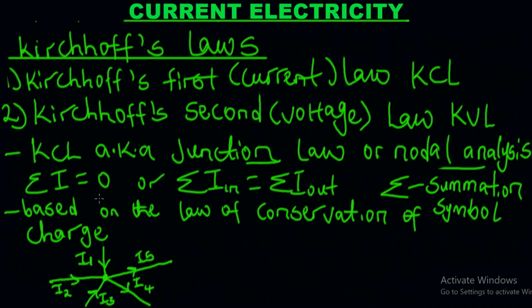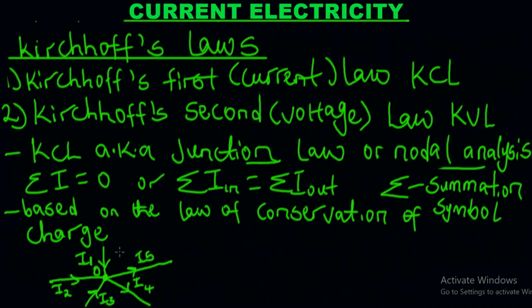So let's analyze this carefully. If you look at this symbol, you see that we have 5 currents here: I1, I2, I3, I4, and I5. They are all meeting at this junction O. According to Kirchoff current law, it can be stated in two ways. The first one is that when you sum up all these currents, it should be equal to zero.